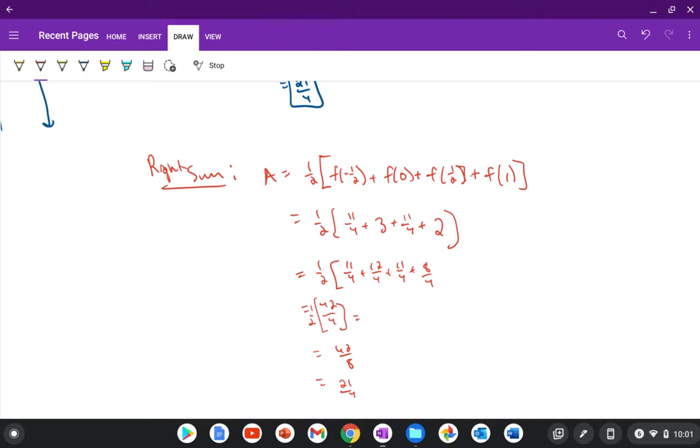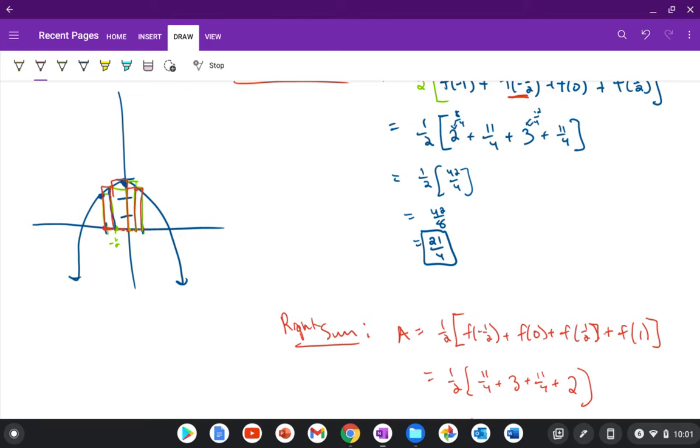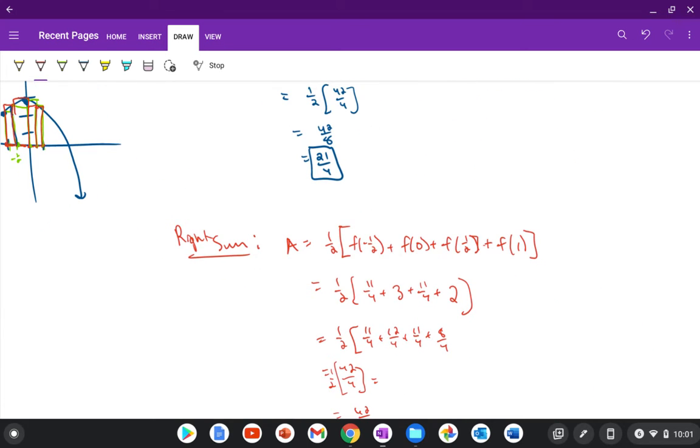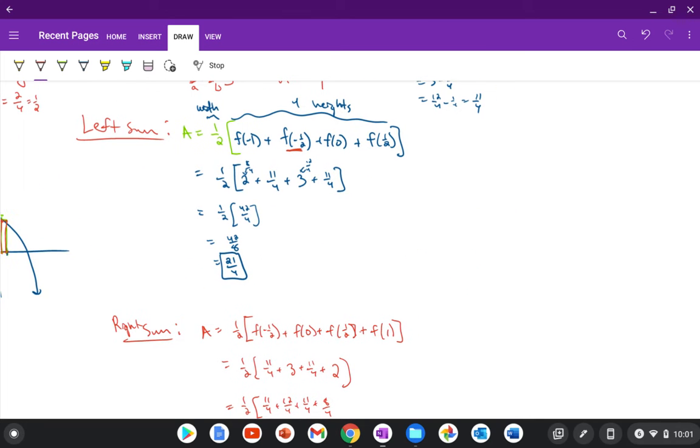And that is 21 over 4. So we actually get the same answer. Even though some of the rectangles ended up having more under and more over, they kind of even each other out. The one over from the one scenario kind of compensates for the other 3 unders, and so on and so forth. All right. So next one we need to do is a midpoint.